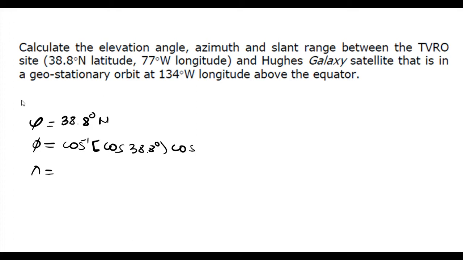So, kahit pagbaliktarin nyo yan, either 134 degrees minus 77 or 77 minus 134, still, parehas pa din naman ang sagot. Okay, so, gawin na lang muna natin itong 134 minus 77. So, 134 minus 77 is 57 degrees.